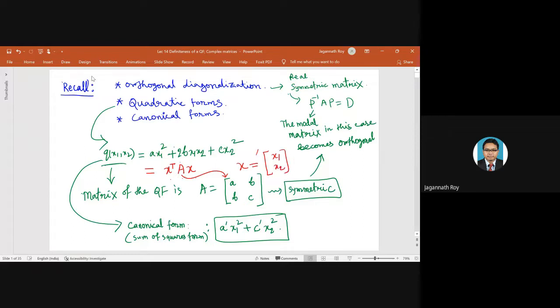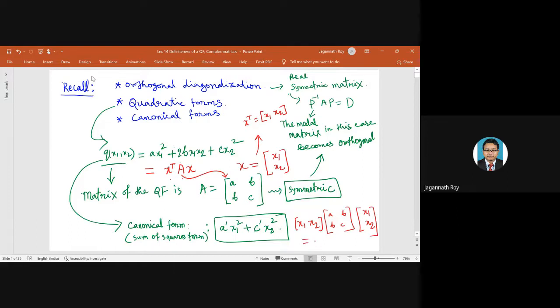If you multiply x1, x2, and then a, b, b and c, after that x1, x2, you are definitely going to get this form.